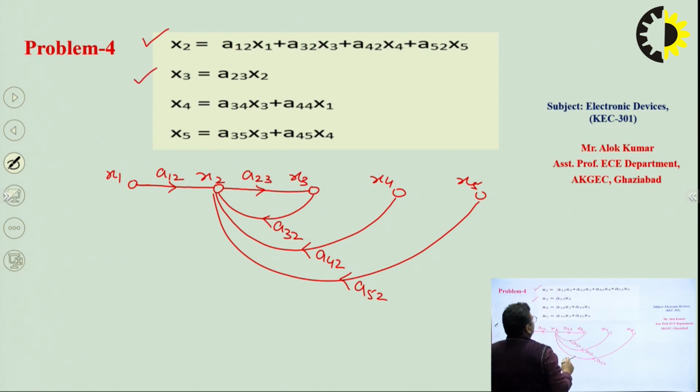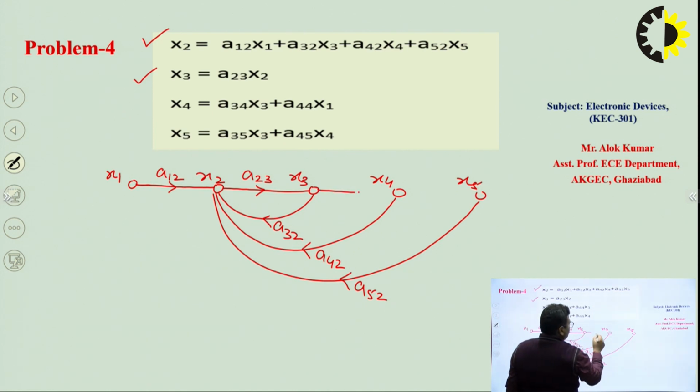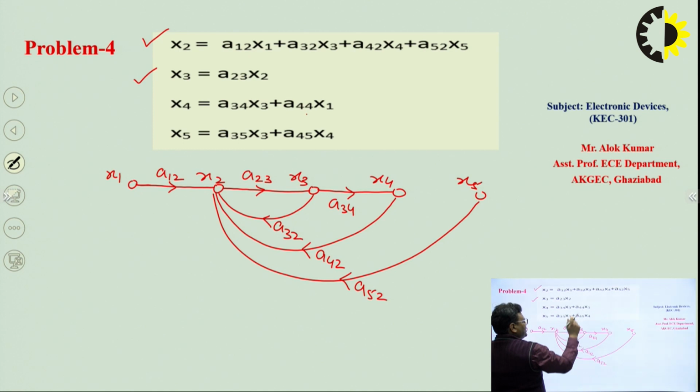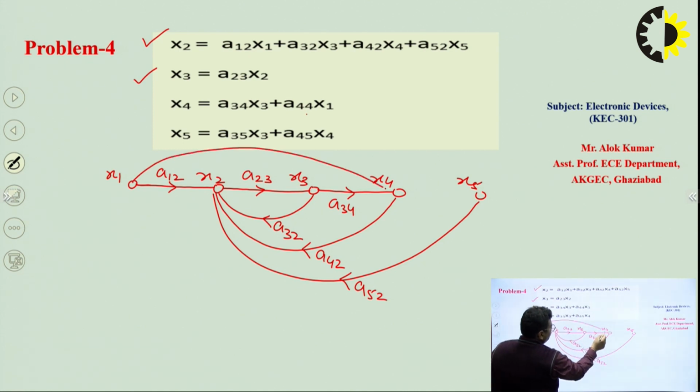Now coming to the third equation, x4 is equal to a34 into x3. So one signal is going in this direction and the gain is a34. One signal is coming from x1 to the x4 node and the gain is a44. Now the last equation, x5 is equal to a35.